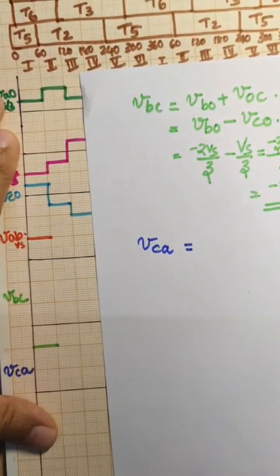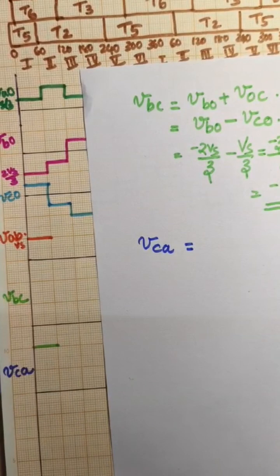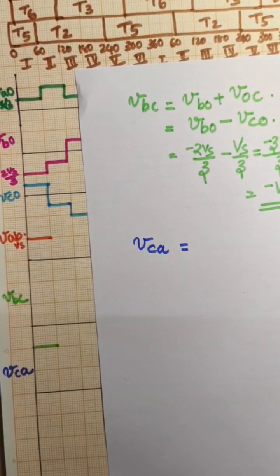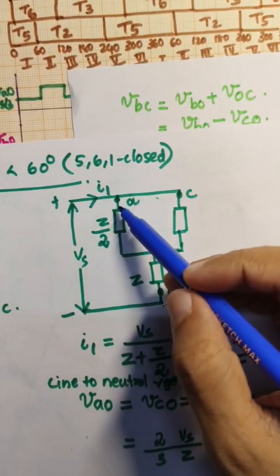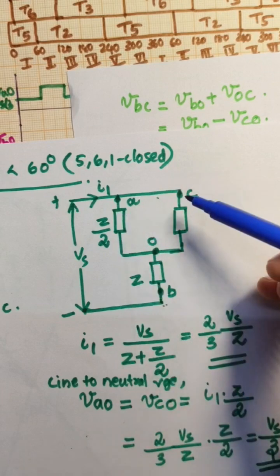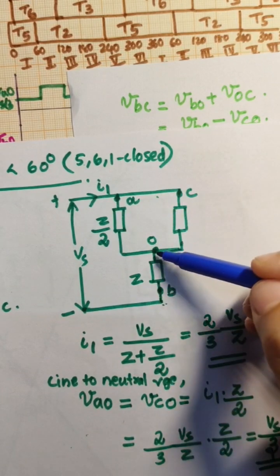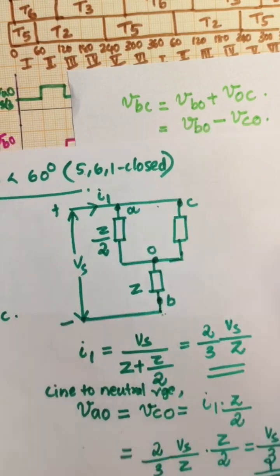Next, we need to find the VCA voltage. From the diagram, VCA voltage is equal to VCO plus VOA.